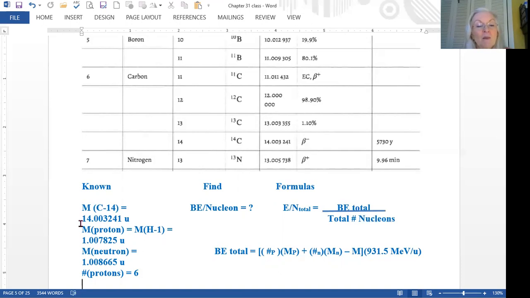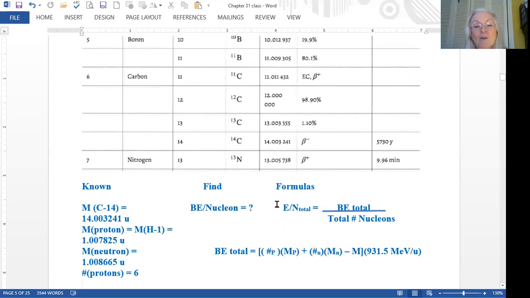We know the mass of the proton is the same as the mass of the hydrogen-1, and so that's 1.007825. And again, the units are U for unified atomic mass units. And the mass of the neutron is 1.008665 U.